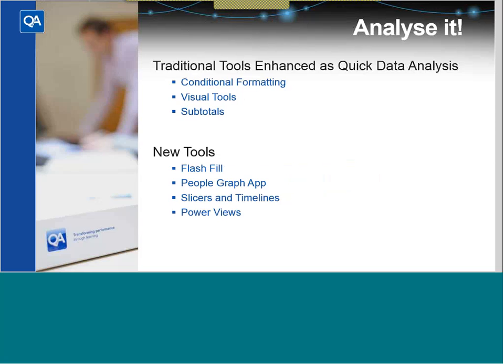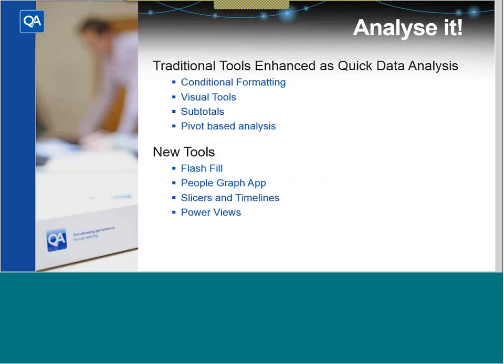So just a bit of a recap there. Traditional tools, they've been in there for a while: subtotaling, pivoting, conditional formatting, visualizing the information, but then looking at perhaps those in a different way. Overall, a lot of that's labeled up as Quick Analysis, but then you've also got other stuff: timelines, slicers that we've used, Power View, an example of that, the People Graph app, put the little boxes in, see how many packages you've sent out, Flash Fill, convert your data.